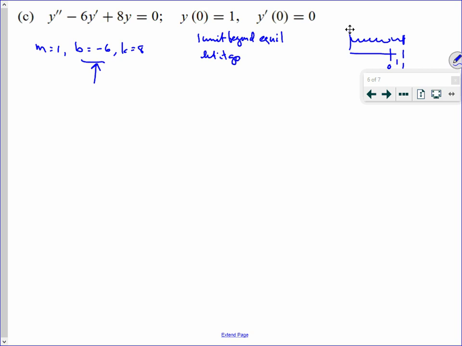Now remember, generally damping works opposite the velocity. But this is actually working in the same direction as the velocity. If the spring thing is moving back that way, it's actually going to kick it in a little extra force. B is negative. This is the opposite of the usual damping, what we think of as damping.